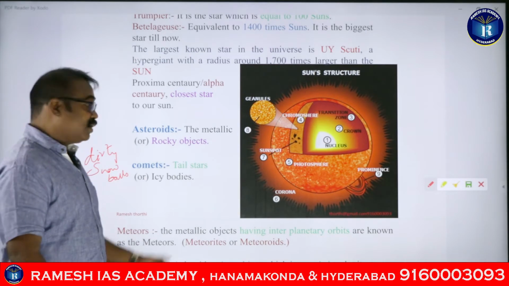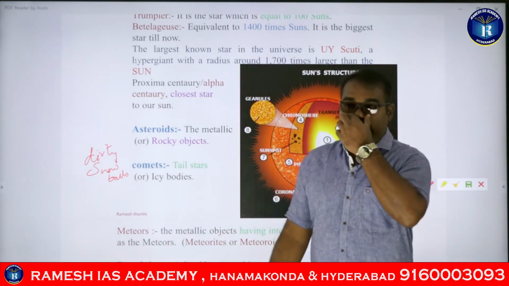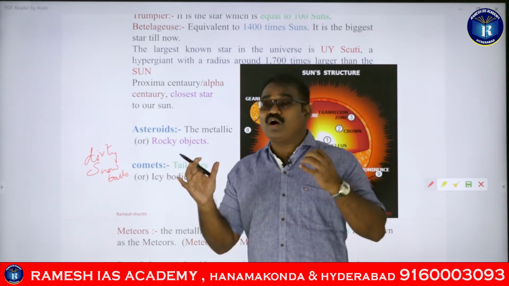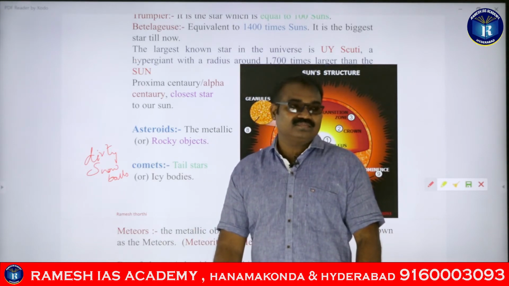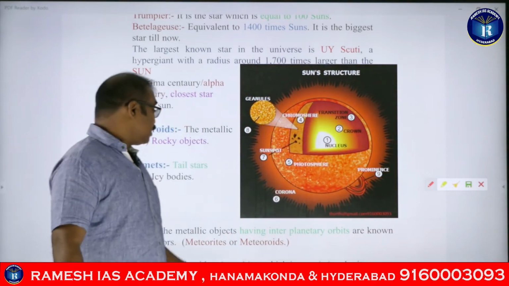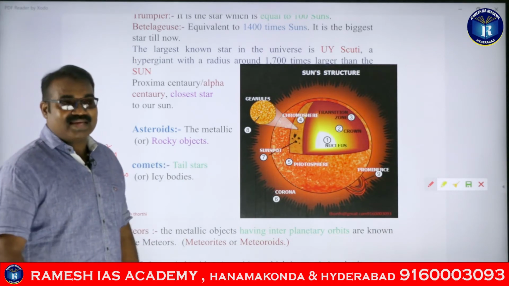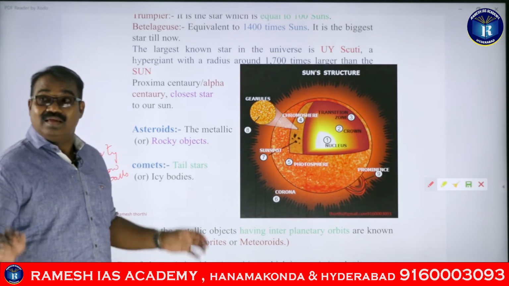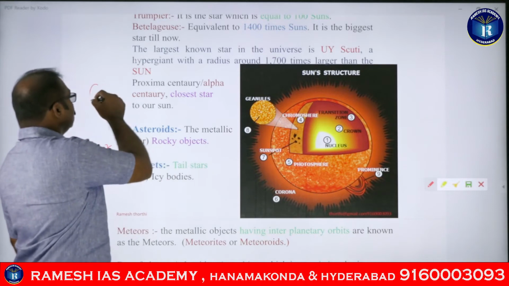These comets are made up of ammonium and methane gases and ices, guys, and they are present in a place called the Oort cloud.